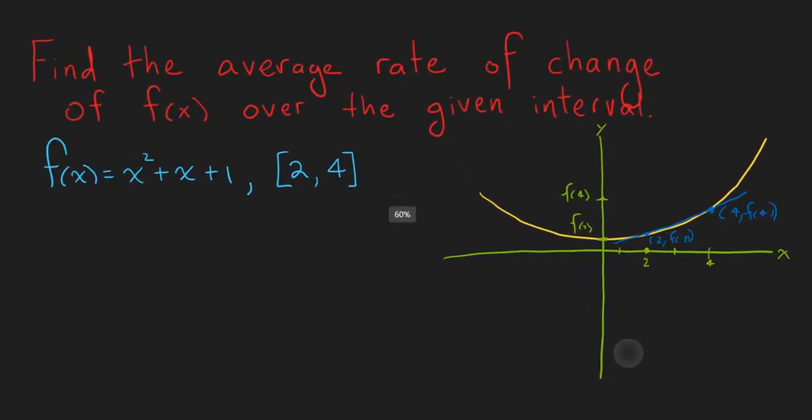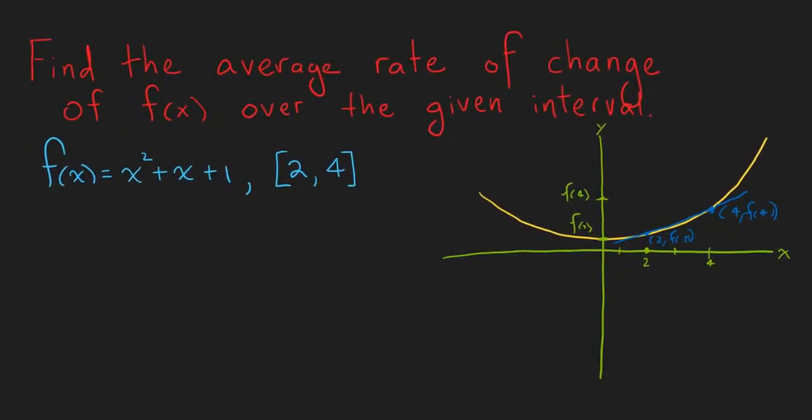Well, now if we want to compute it, we can recall that the formula for doing this is the change in y over the change in x. And in this case, our dependent variable y is written as f, because it's a function f of x. So this is equal to the change in f over the change in x, which is equal to f of b minus f of a all over b minus a.